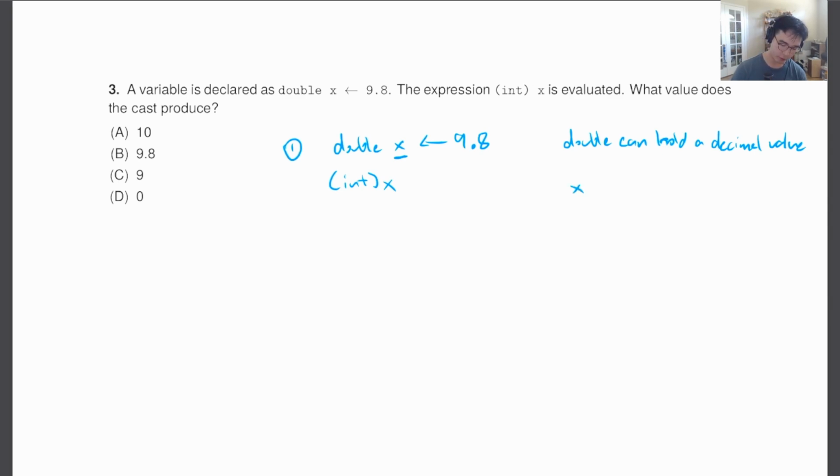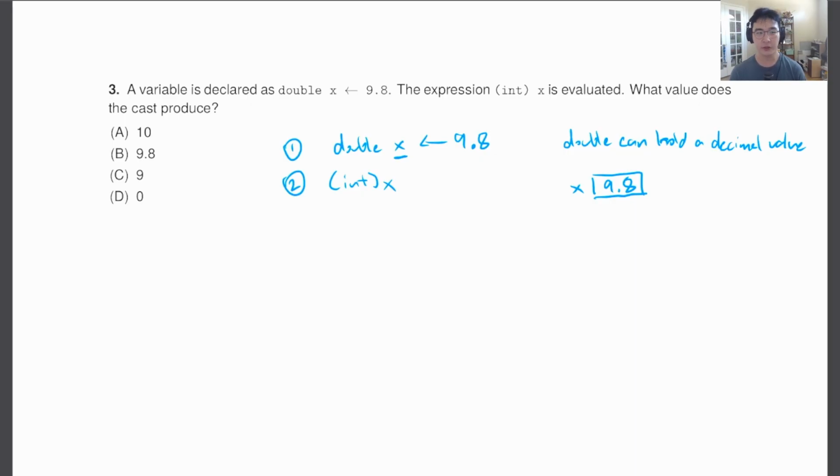So here we draw our variable x, and I draw my variables like a box, and inside the box, we have the value 9.8. Now, the next line of code, line 2, we're going to go ahead and cast it as an int.